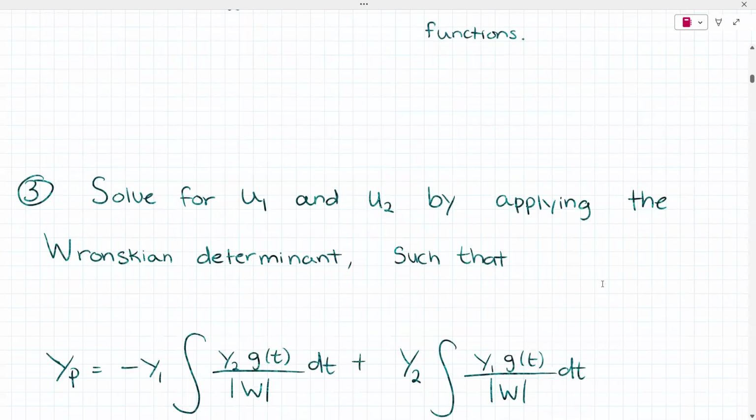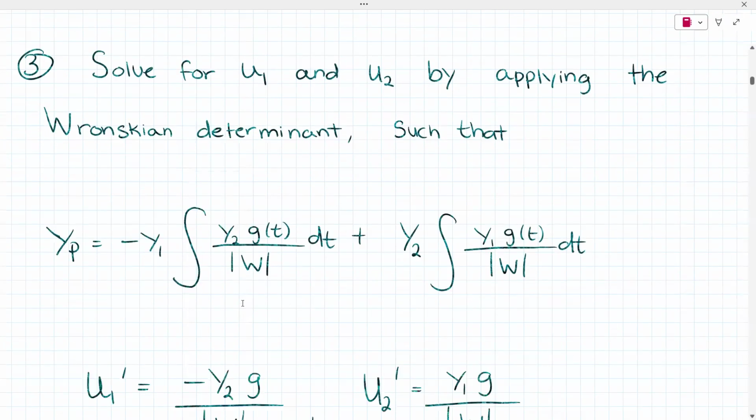Okay, step 3, you're going to solve for u1 and u2 by applying the Wronskian determinant, such that yp equals negative y1 times the integral of y2 g over W, the value W, also known as the Wronskian determinant.